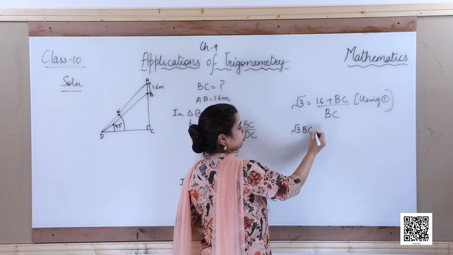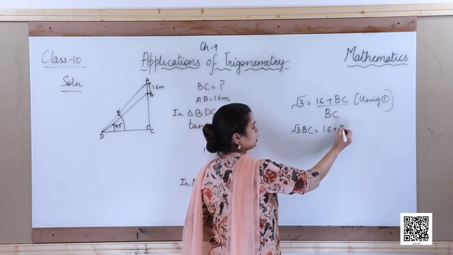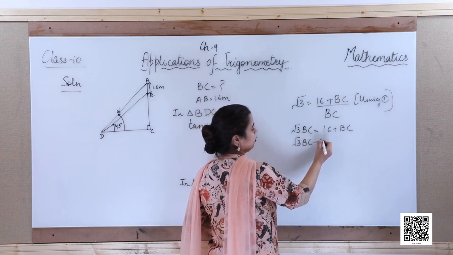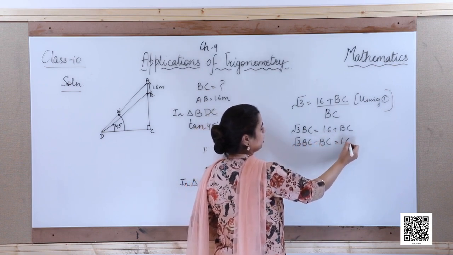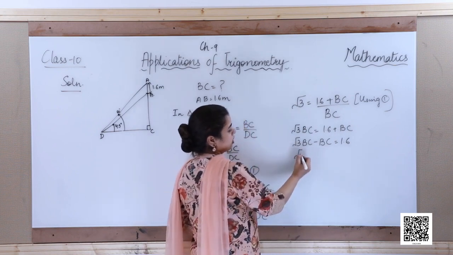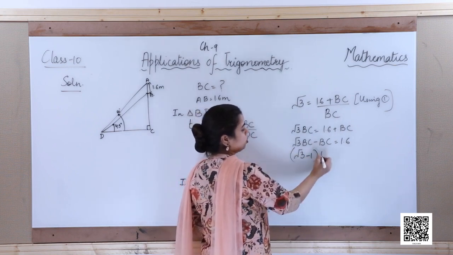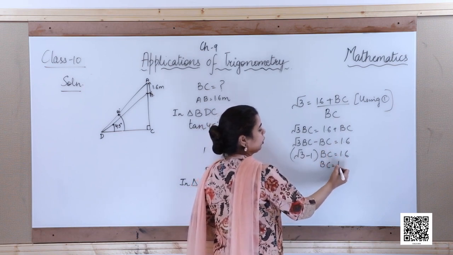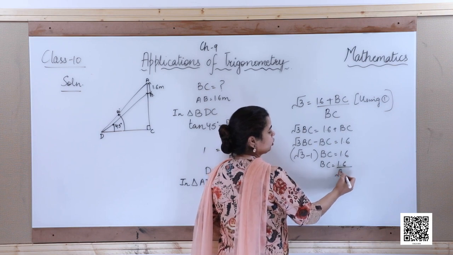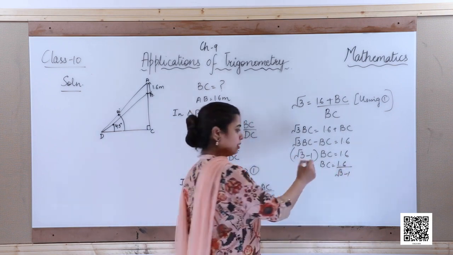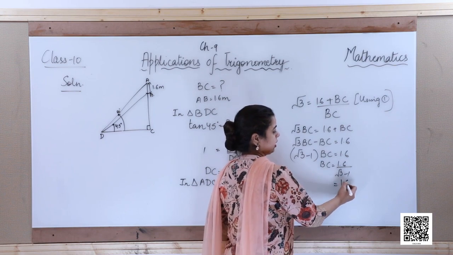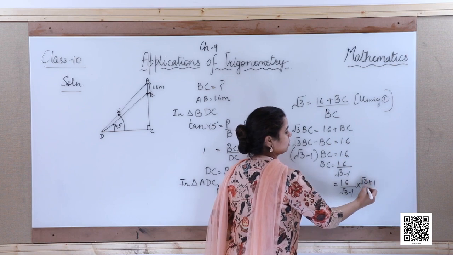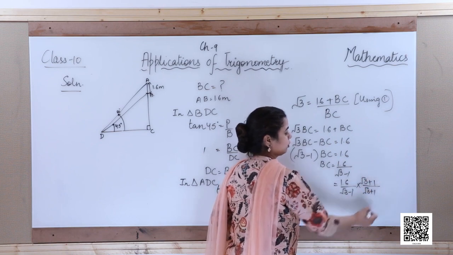√3 BC is equal to 1.6 plus BC. So I take all the terms with BC as variable on one side and keep the other on the other side. If I take BC as common, I get this. So BC is equal to 1.6 upon √3 minus 1. I can rationalize this denominator, right? So I will rationalize this by multiplying with √3 plus 1 and dividing with √3 plus 1.